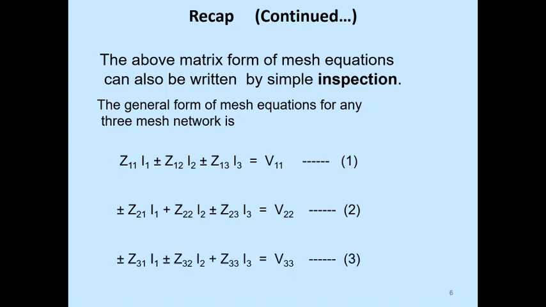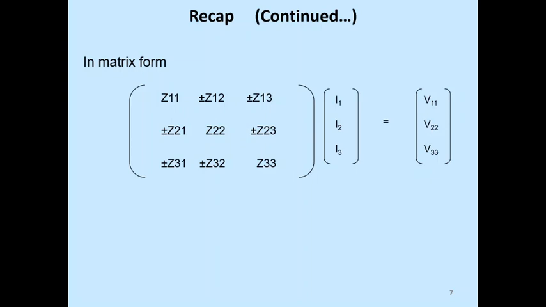Plus or minus Z31 I1 plus or minus Z32 I2 plus Z33 I3 is equal to V3, that is the third mesh equation. In matrix form, Z11, Z12, Z13 are the coefficients of the first mesh equation, Z21, Z22, Z23 of the second, and Z31, Z32 and Z33 of the third, which completes the Z matrix into the current matrix.